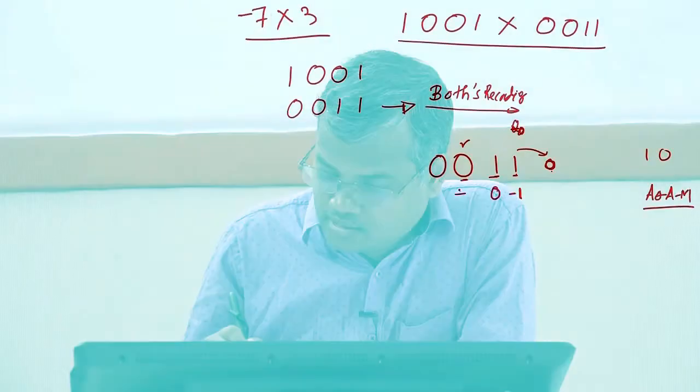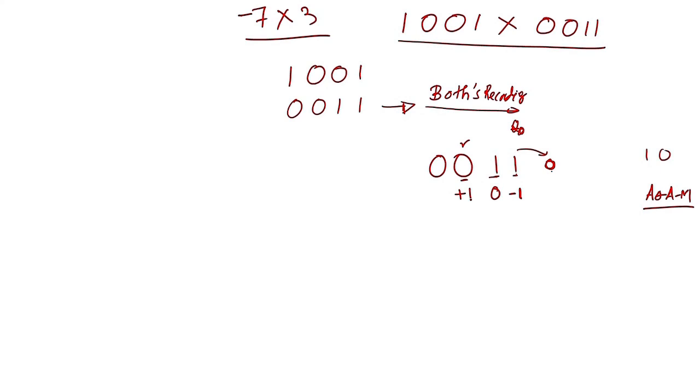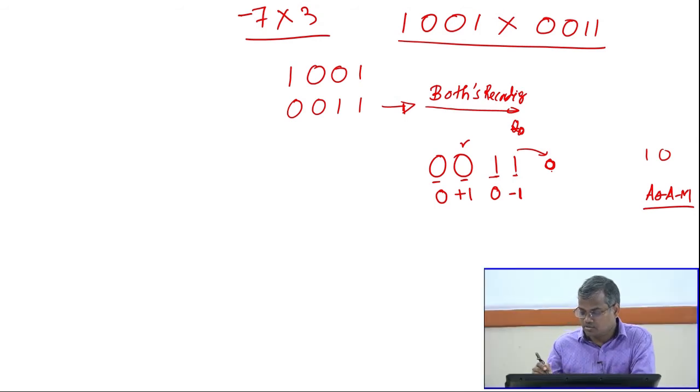So, we can write plus 1. Next is 0 0, then we put 0, we won't do any operation. So, basically first we subtract, then 0, then we add, and then 0.